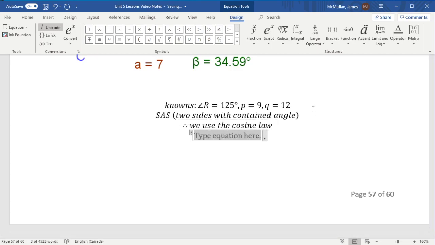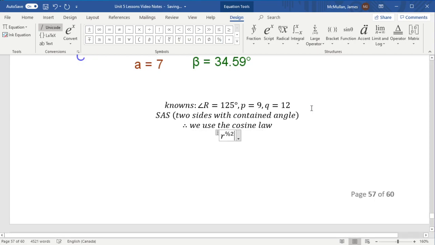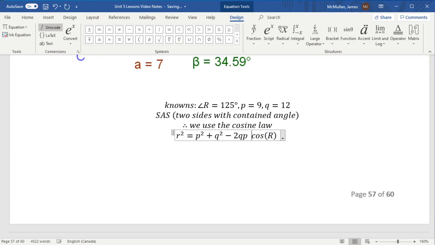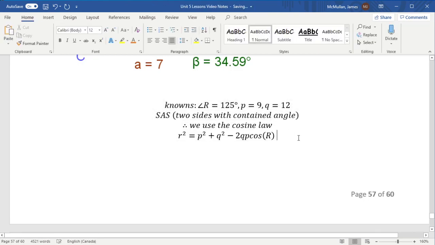The cosine law needs to have the angle at the far right, and the isolated side has to go at the far left. Since I'm using R as my angle, I know R squared is going to be by itself. You have P squared plus Q squared minus 2QP cos R. Okay? 2 times Q times P times cos R. And that's how to solve this.